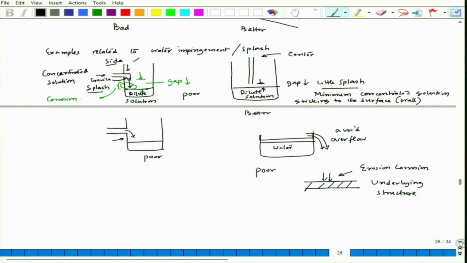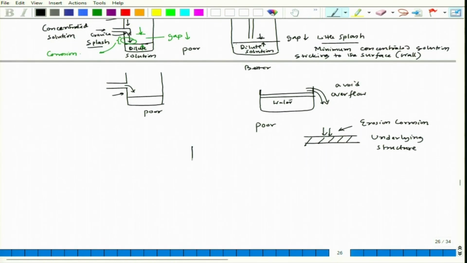The better design could be, we have a tank and we make sure that the water line should not go beyond the edge of that particular tank. So, overflow is stopped. So, it stops wastage of water, as well as even if that underlying structure is there, there is no question of having impingement. So, this is a better design.